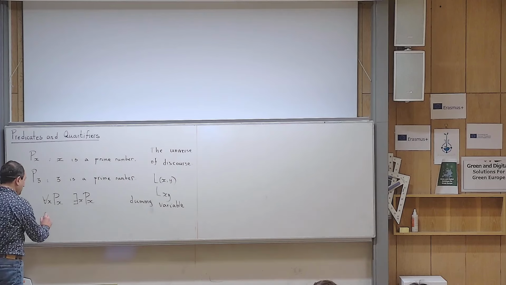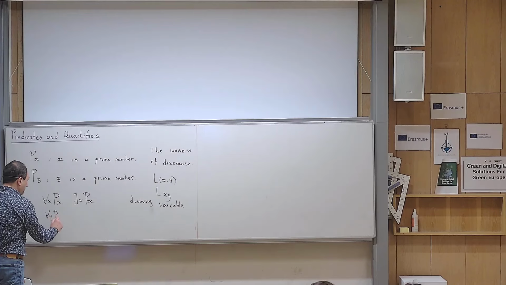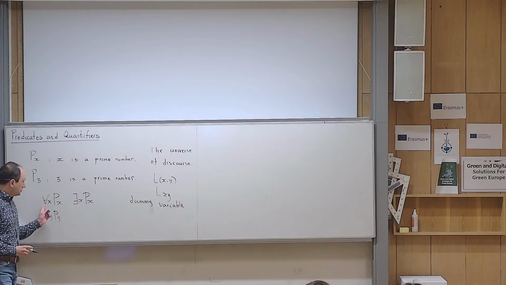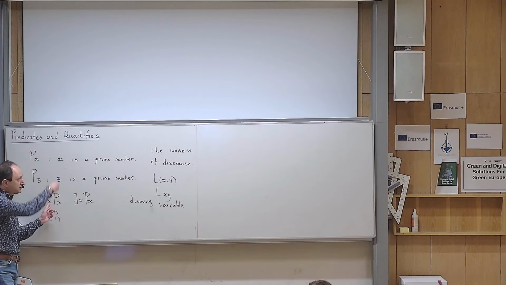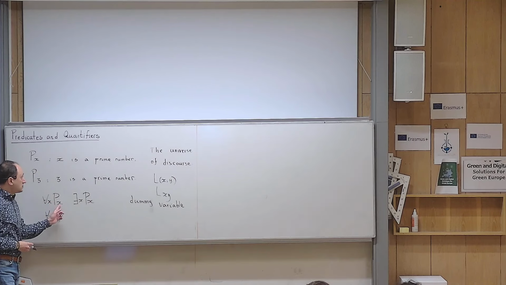For example, I can say "for all y, P(y)." Mathematically speaking, there is no difference between this proposition and that proposition. I have changed the name of x everywhere to another letter y. So this tells you that for all x in the set of natural numbers, x is a prime number. This is also telling you the same thing.